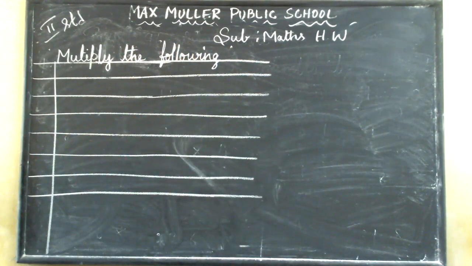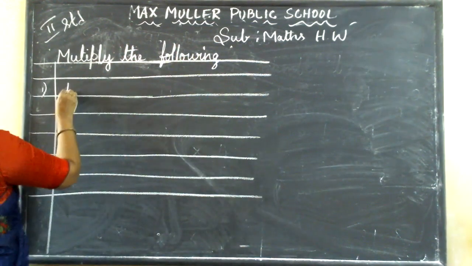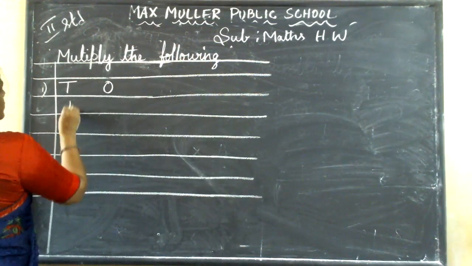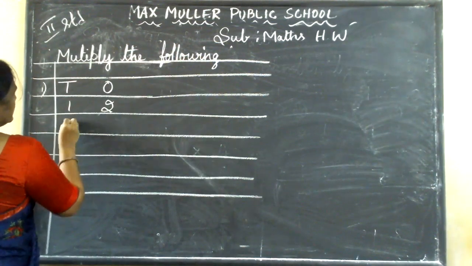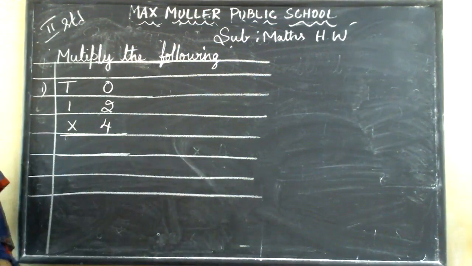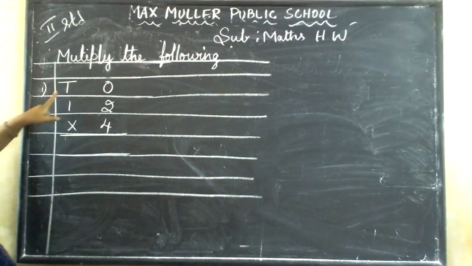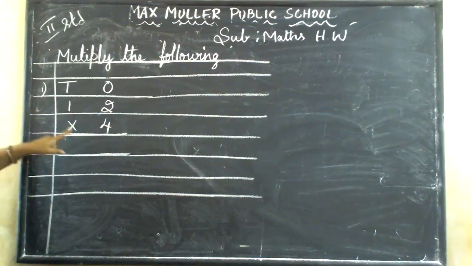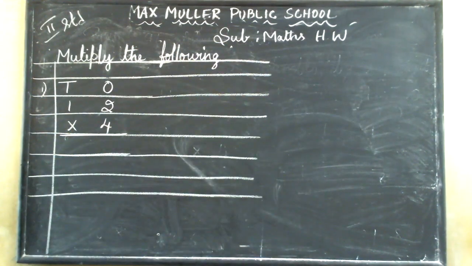Multiply the following. First sum: a 2-digit number multiplied by 4. Write neatly, children. Leave one line. After that, write the tens. Write a 2-digit number and multiply by 4. First sum over.